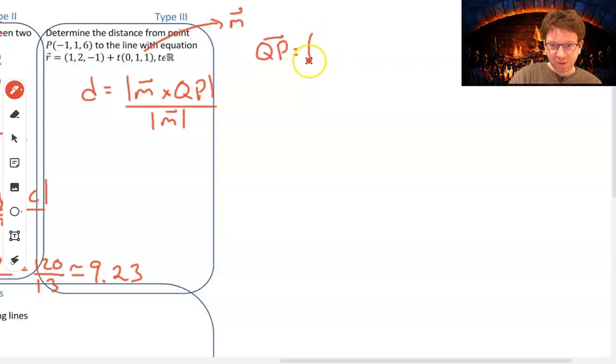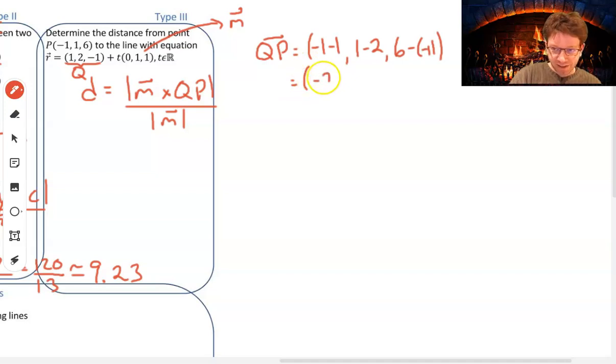So it would be -1 subtract 1, 1 minus 2, and 6 minus -1. Essentially this is our point Q here. So this gives us QP as -2, -1, and 7.